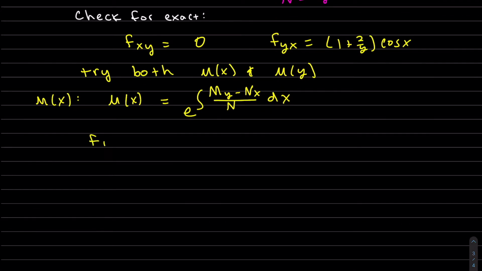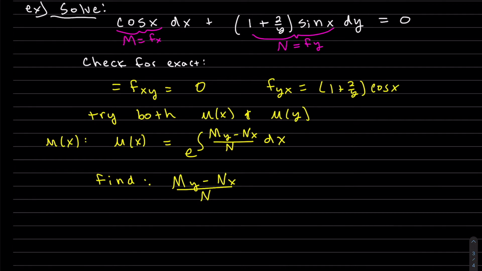So first, without writing e every single time, we're going to find m_y minus n_x. So remember, we have m_y here. And this one here is n, and we took it in terms of x, so this is n_x.